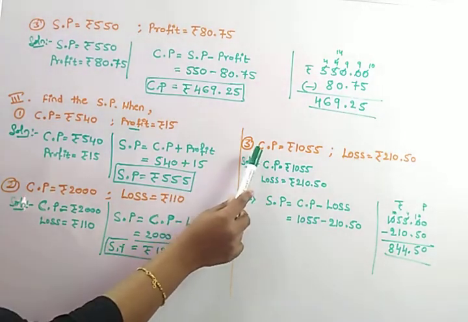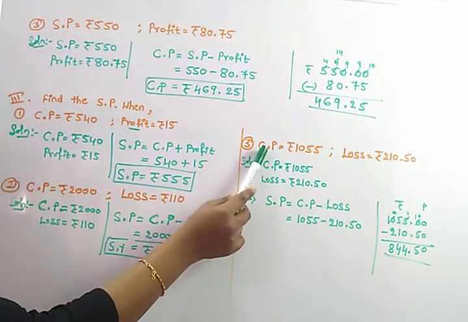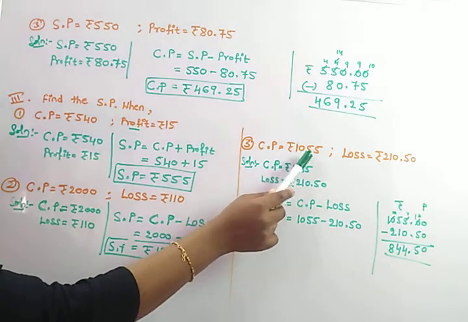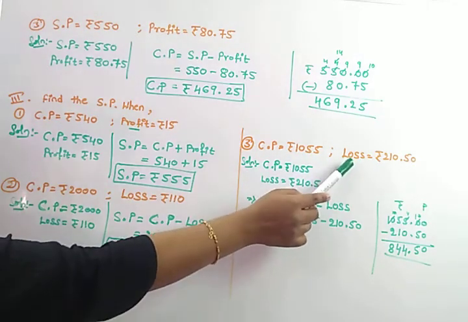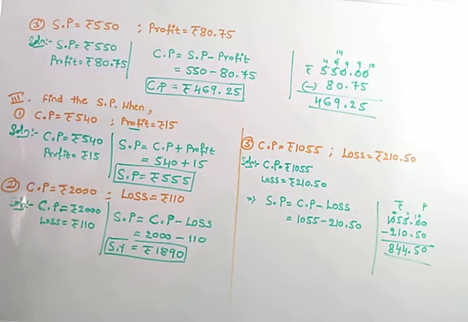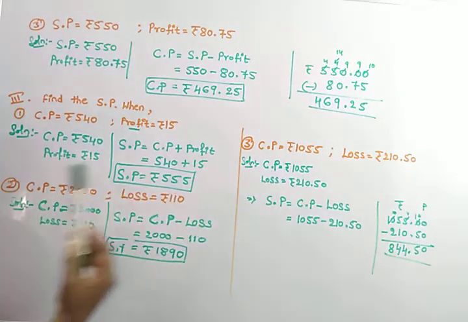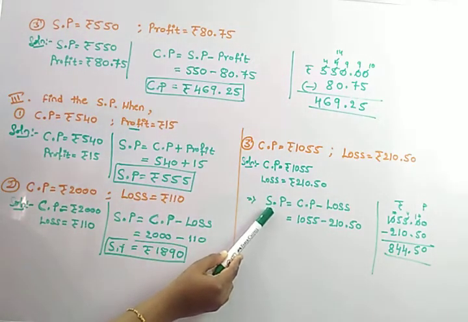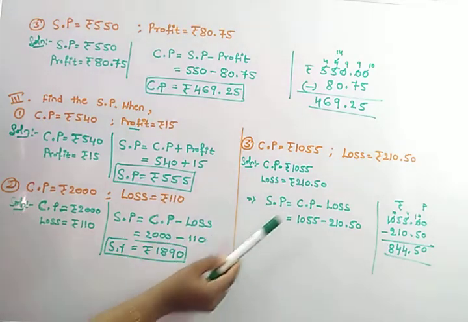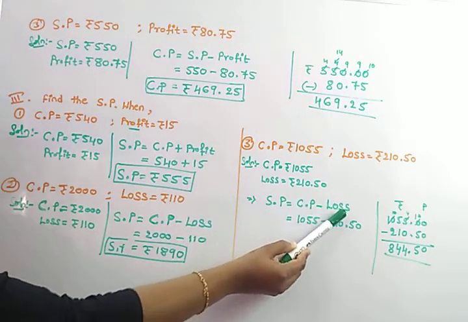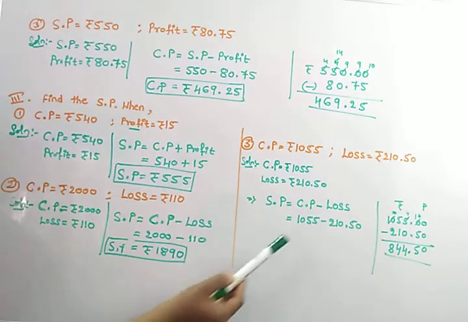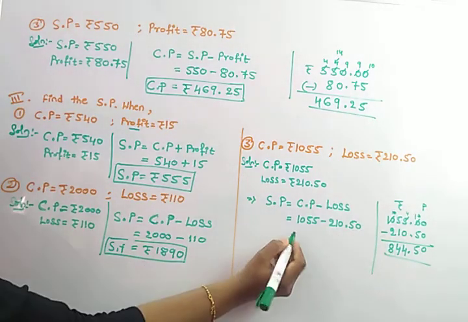Similarly, the next one, find the SP, the cost price is 1055 rupees and the loss is 210 rupees 50 paise. So write the given data, then use the formula. In case of loss, the selling price is equal to the cost price minus the loss. So do the subtraction.